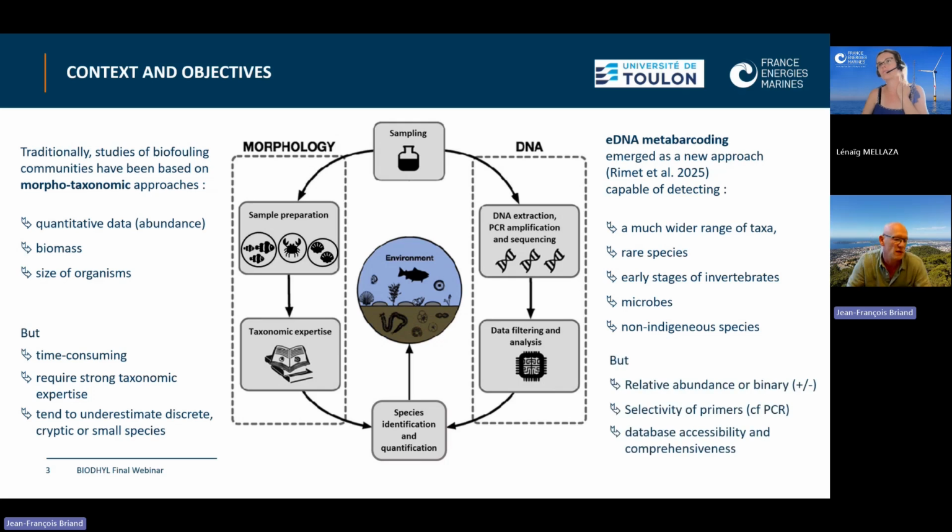Of course, we have to be aware that this eDNA approach is not a perfect method. There are also some limitations, especially because there is only relative abundance data, and in some cases only binary presence-absence of the species. The data will greatly depend on the selectivity of the primers, which is how we make the molecular analysis, without going into details.